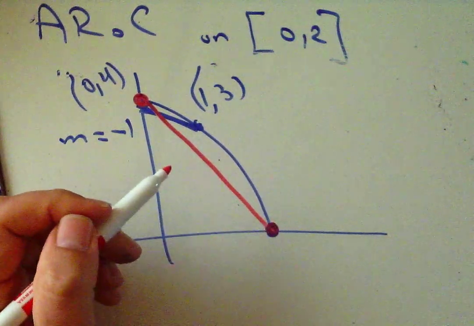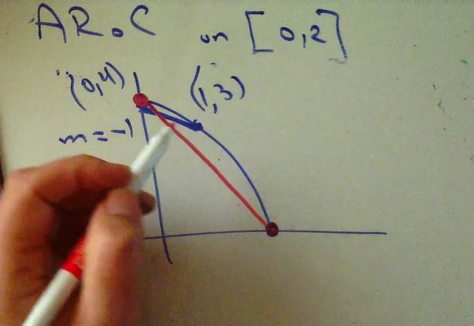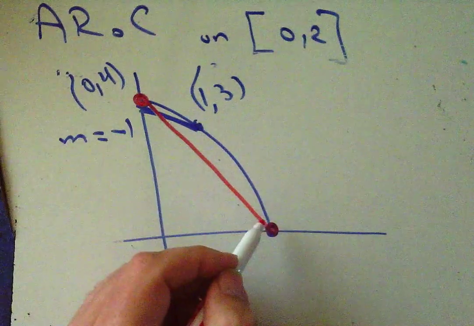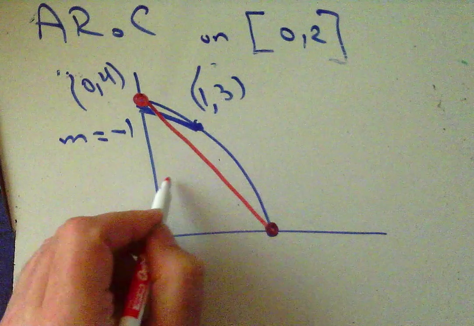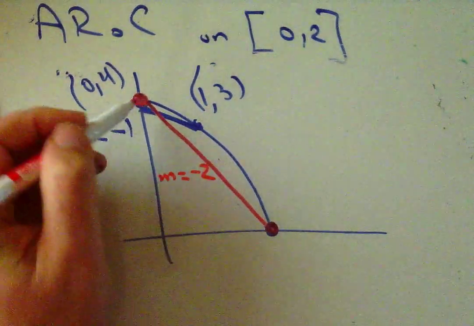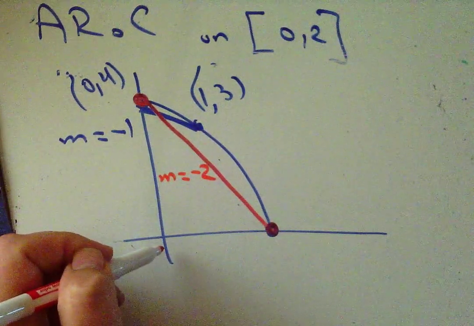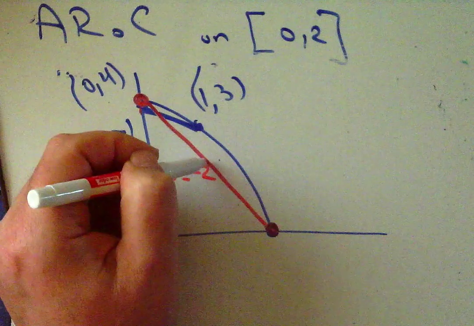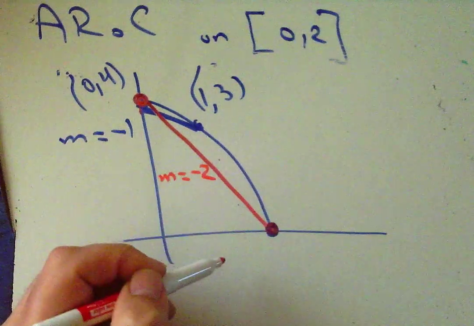And from 0 to 2, we see that this slope is much more steeply negative. So we found m here to be -2. We know that this went down 2 meters per second. So we were at 4, we went down 2 over 1, down 2 over 1.